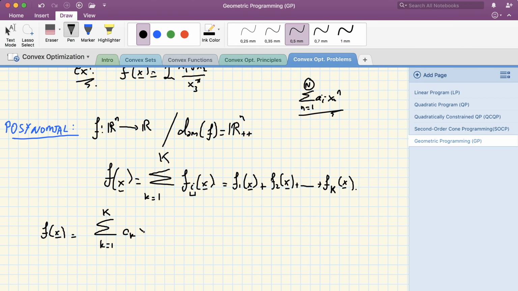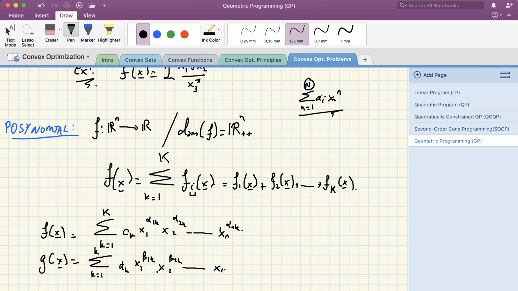So c_k, x1 to the power alpha 1k, x2 to the power alpha 2k, right down to xn to the power alpha nk. So if I grab another posynomial, g(x), which is also order k, let's indicate now different parameters. So d_k, x1 to the power beta 1k, to xn to the power beta nk.